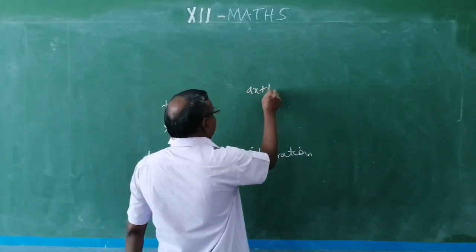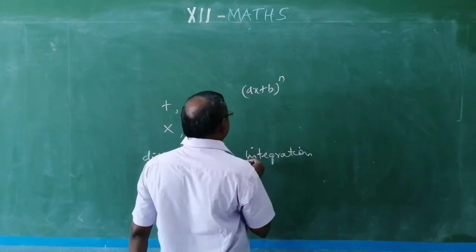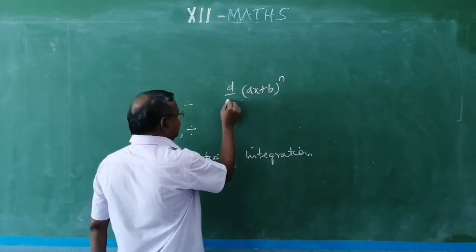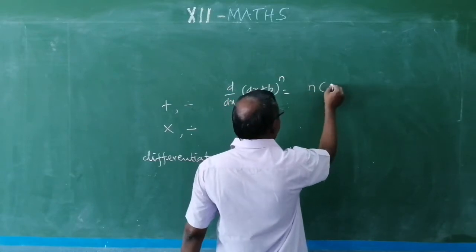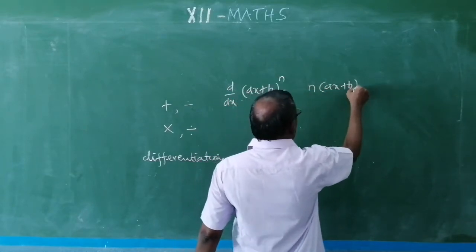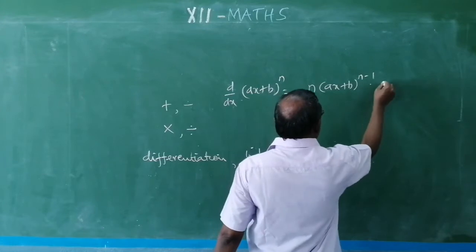Consider (ax plus b) whole power n. When we differentiate this function, we have n into (ax plus b) whole power n minus 1 into a.